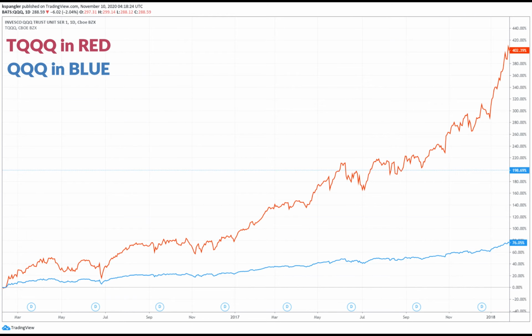In the time period right after the 2016 election, you can see substantial outperformance by TQQQ, where you had a 400% increase from about March 2016, right before there was a pretty big correction in January. That was about a 400% increase in TQQQ and a 76% increase in NASDAQ.